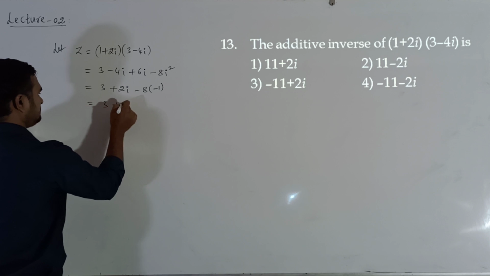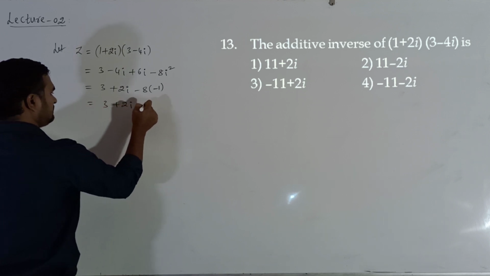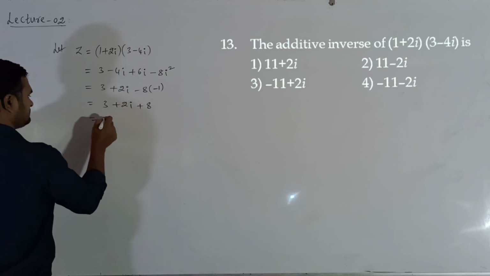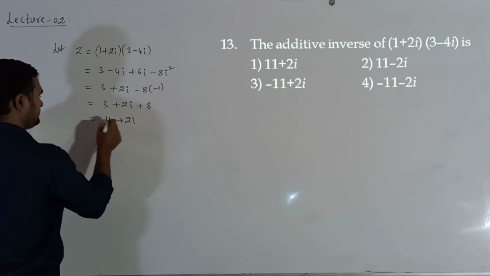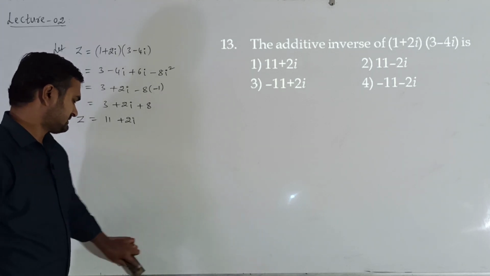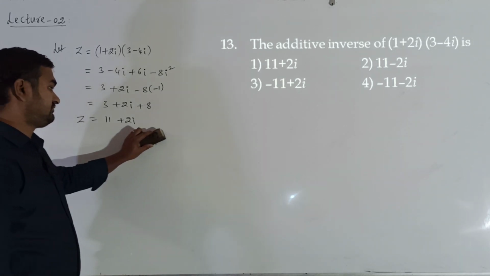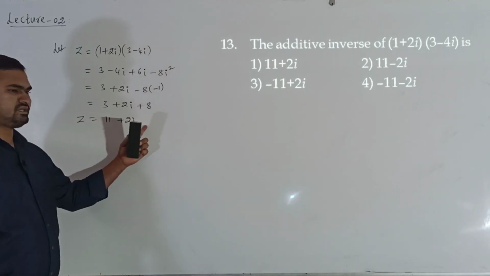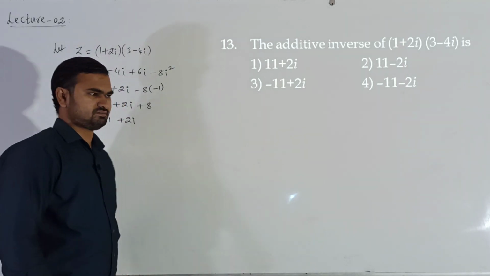So 3 plus 2i plus 8. So we get 11 plus 2i. So this is the given complex number z. So any complex number given, first you have to simplify it and write in standard form of a plus ib or x plus iy.